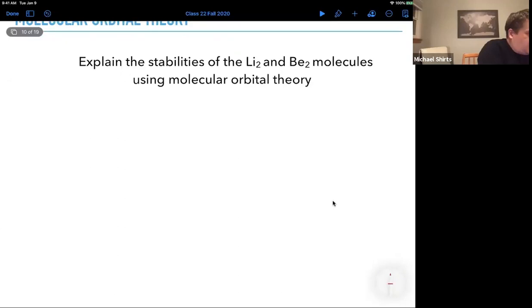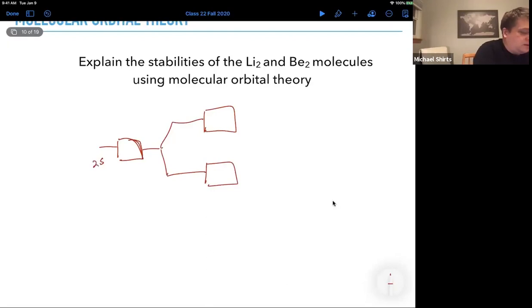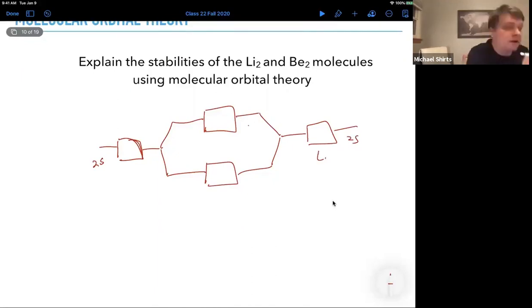We've got still our atomic orbital over here. And we have the 2s orbital is the only one. And the 2s orbital is the only atomic orbital on each atom, on both the lithium atom here and the lithium atom here, that is accessible.